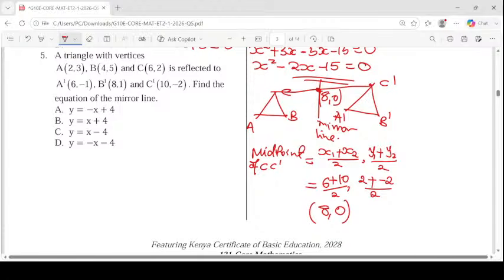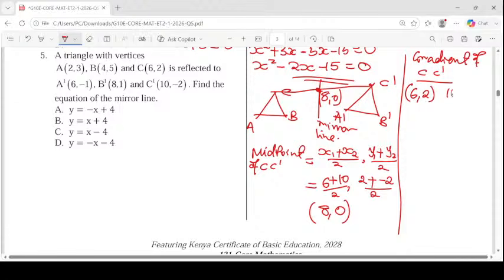Having that, allow me to get the gradient of CC prime. How do we get the gradient? Change in y over change in x. So the coordinates for C, remember, is (6, 2). Then C prime is (10, negative 2).